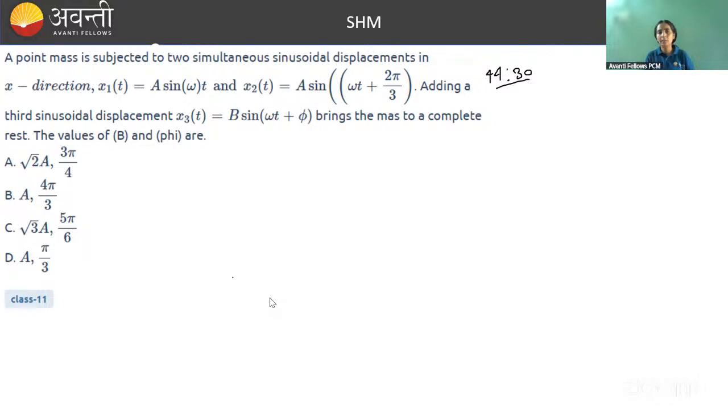If you do it vectorially, you will be able to do this within 1 minute. You just need to look at things carefully.